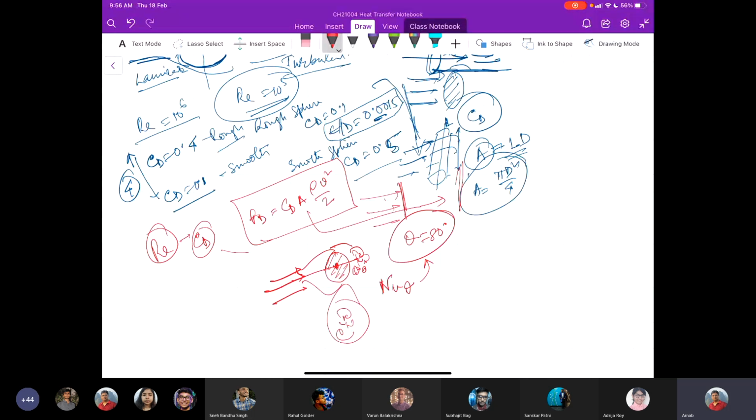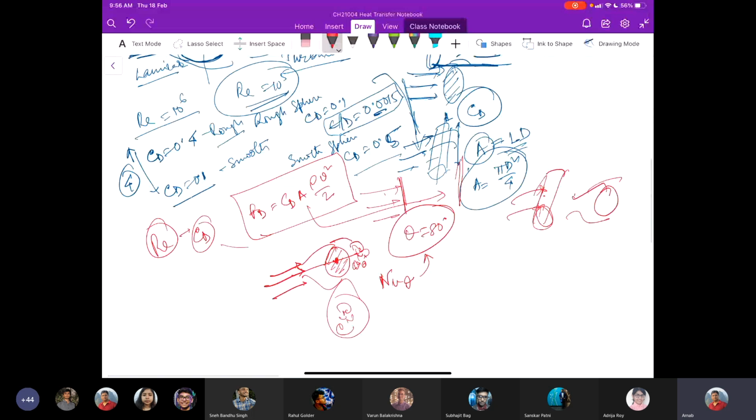So these understandings are fine, but then how do we calculate the Nusselt number when there is a flow across a sphere or across a spherical object? For those, we have correlations available. And those correlations, if you look at the textbook, you'd find are not simple ones.